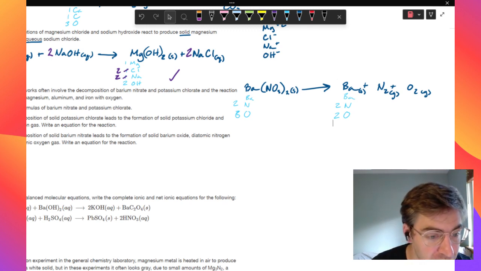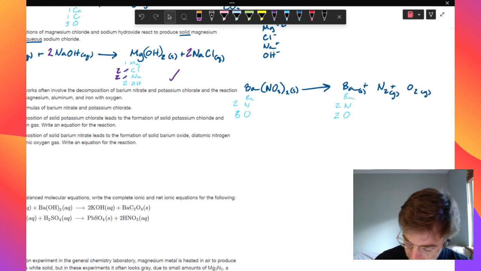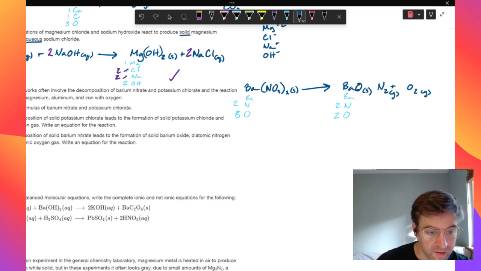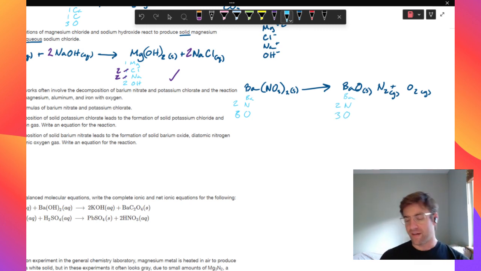I see where I went wrong. The barium doesn't end up all by itself. We have to have an oxide, barium oxide thrown on there. Yep, that's where I went wrong. So we have three oxygens on the right side.